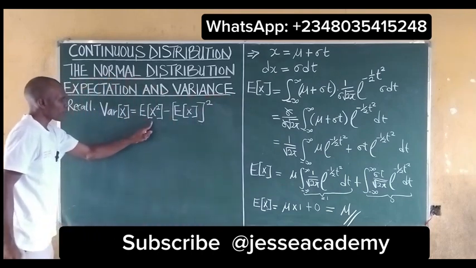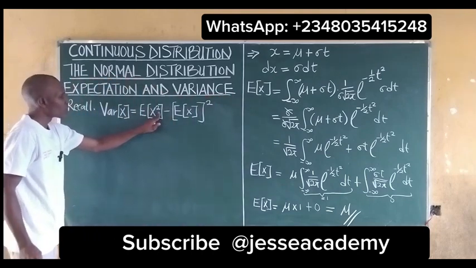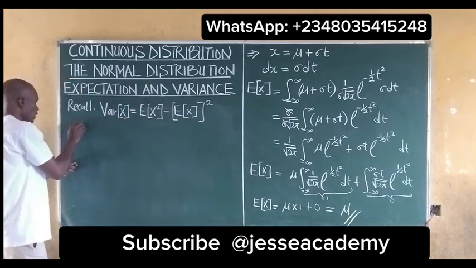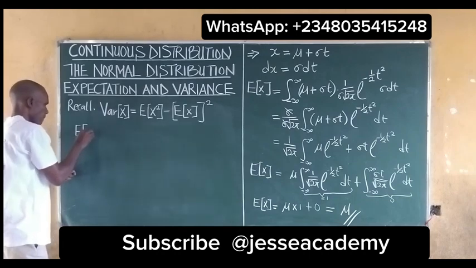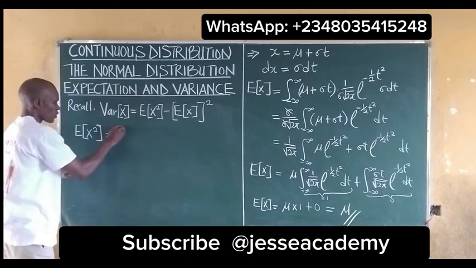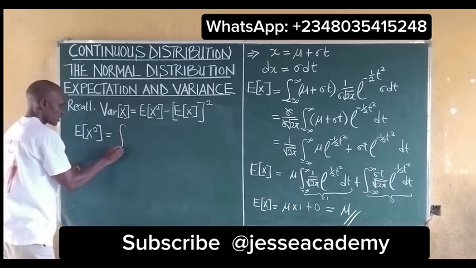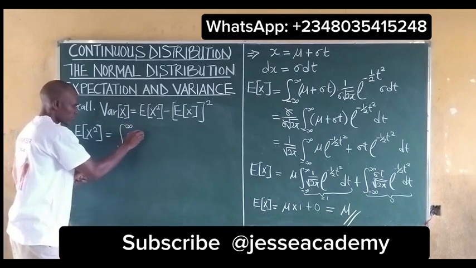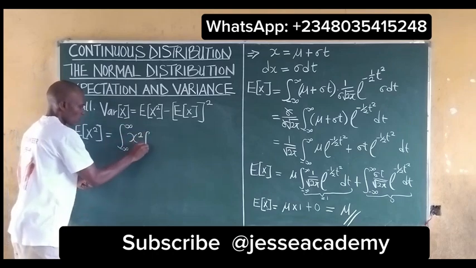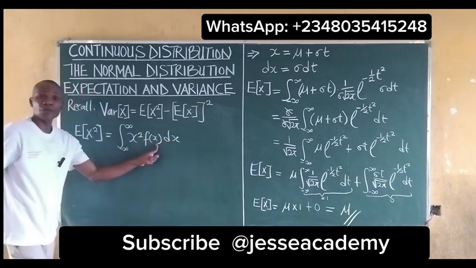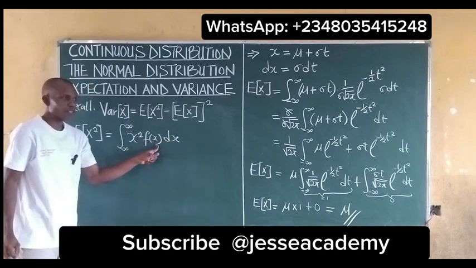Now, we have to find the expected value of x squared, so that we can combine it to get our variance. So we have the expected value of x squared for the continuous distribution is equal to the integral from negative infinity to infinity x raised to the power of 2 multiplied by f of x dx. Of course, f of x here is the PDF.